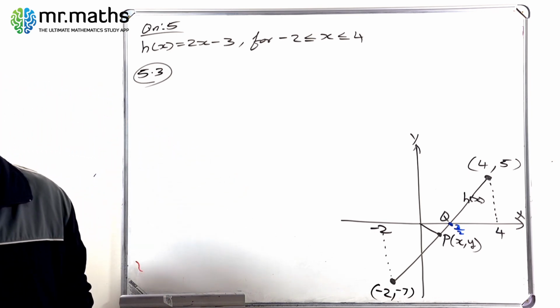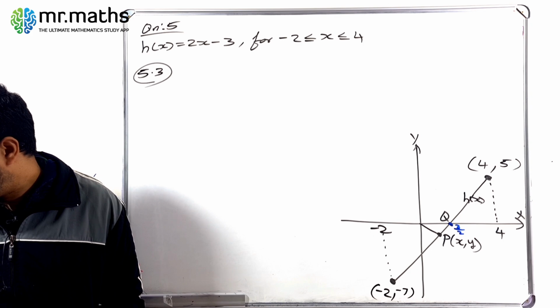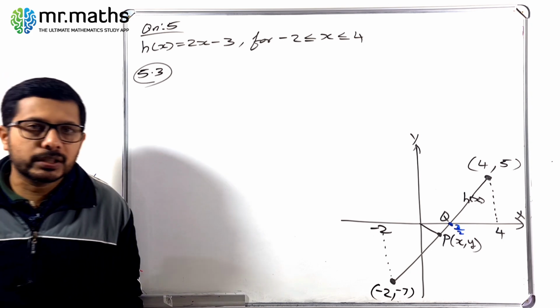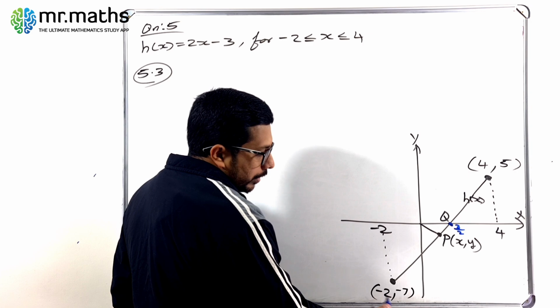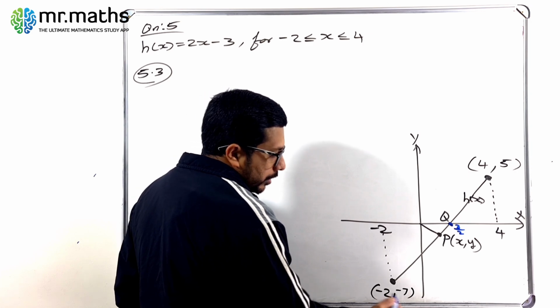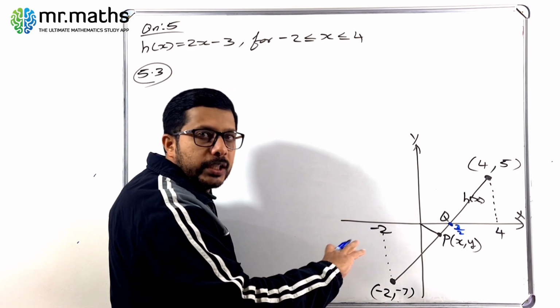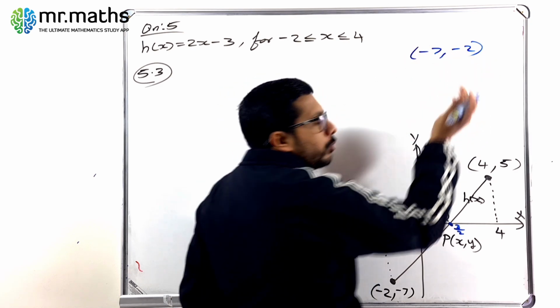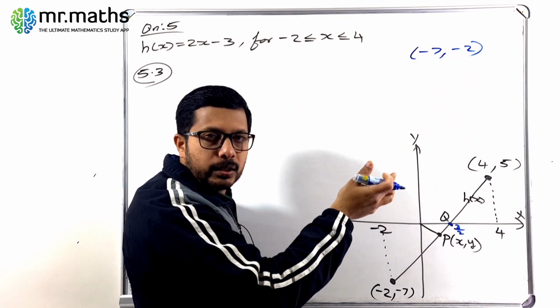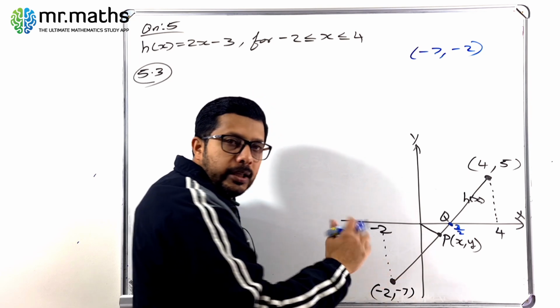In the previous question, do you remember we already wrote the end points of the h inverse graph? What are the end points? This end point of h of x is minus 2 comma minus 7. So what about the h inverse end point? Minus 7 comma minus 2. You have to swap x and y to write the coordinates of the inverse graph.